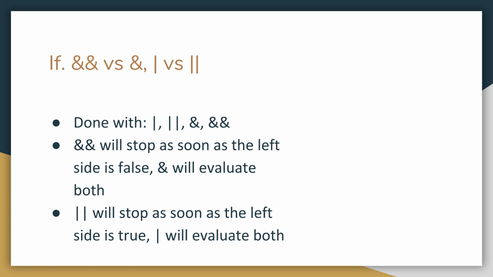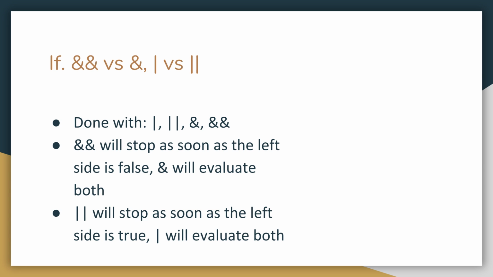So AND with two symbols will stop after evaluating the first side if it evaluates to false, and for OR, it will stop if the left side is true, because true or anything is still true.